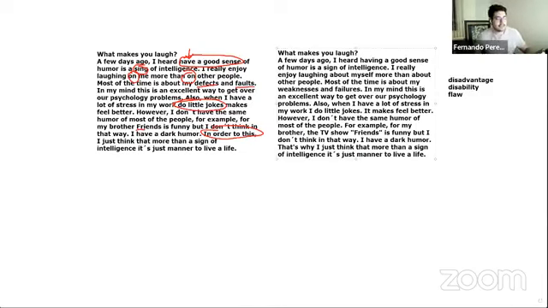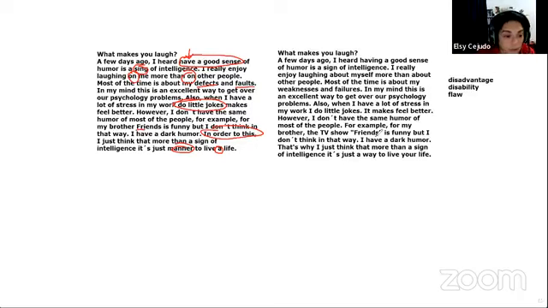That's why I think that more than a sign of intelligence, it's just a way to live your life. We substitute the word manner for a way, and a for your to make it more personal. There we have it.